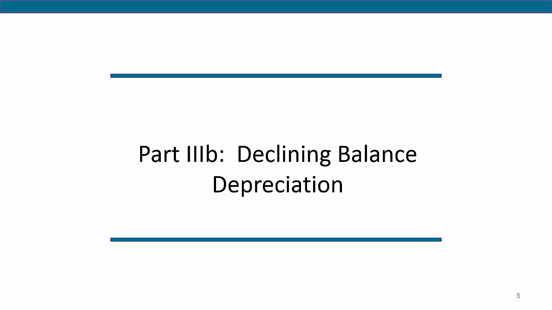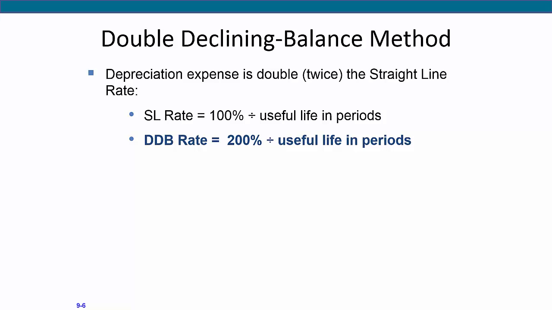In our final section about depreciation, we'll take a look at accelerated depreciation with the declining balance depreciation method. An accelerated method yields higher depreciation expenses in the early years of an asset's life and lower depreciation in later years.